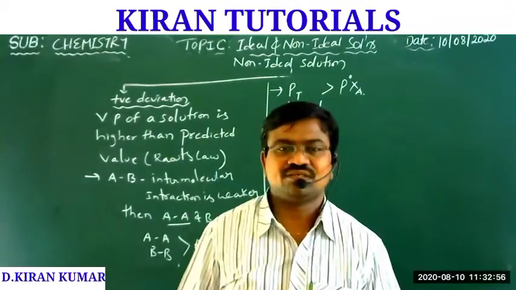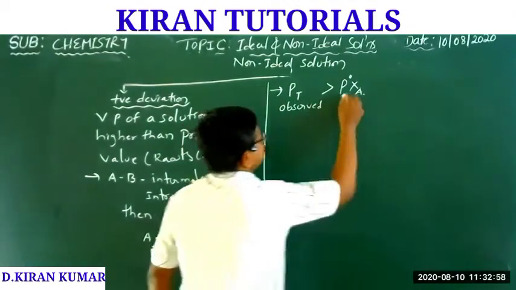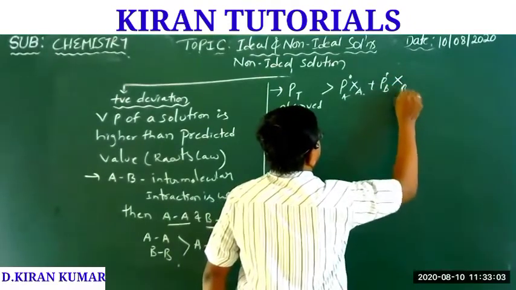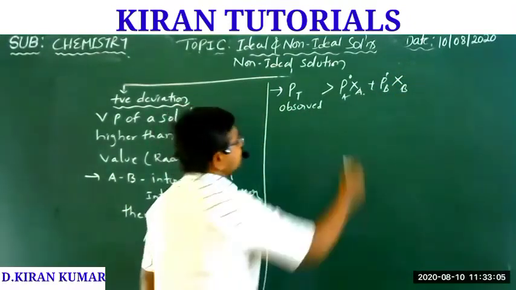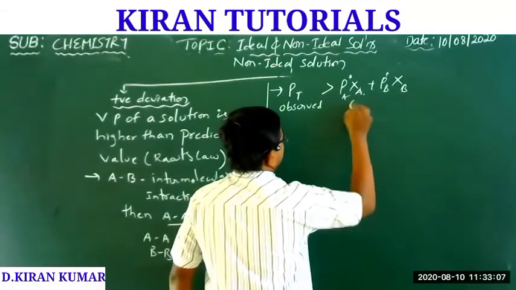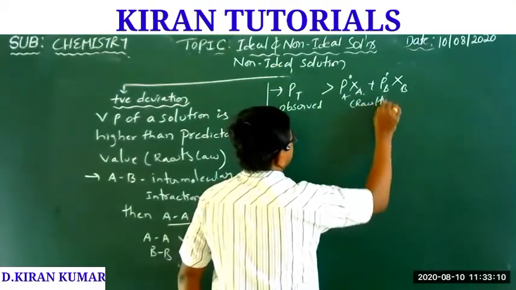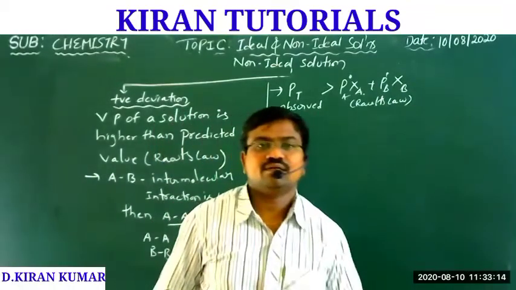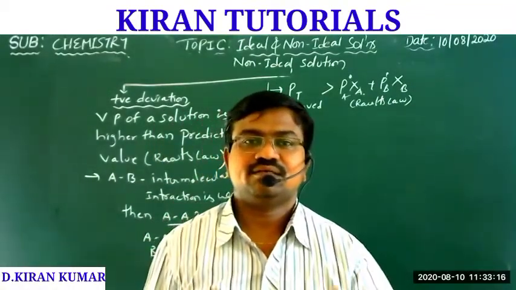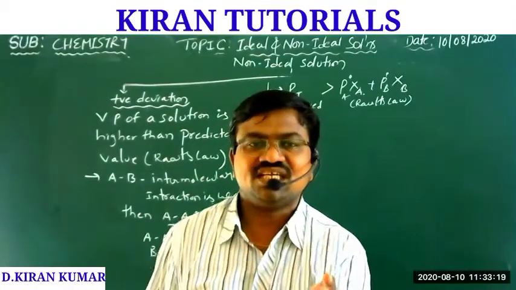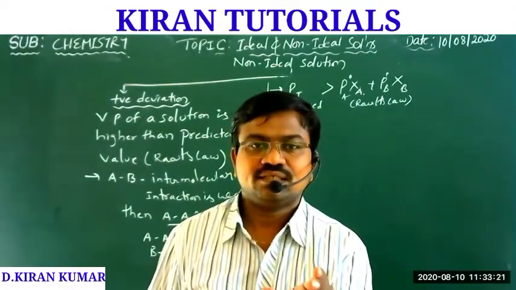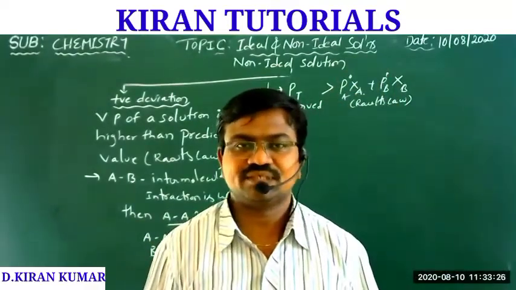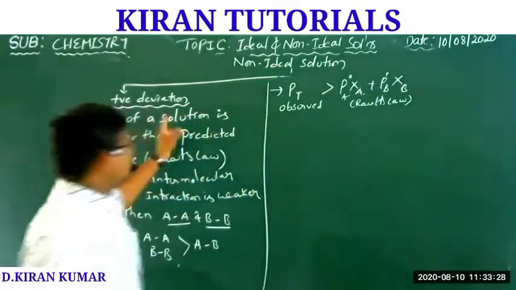From Raoult's law, it is the mole fraction times the partial pressure of A plus that of B. The observed is more than expected. Expected pressure is some 60 mm of Hg, but the obtained pressure is 80 mm. Clear? That is for positive deviation.